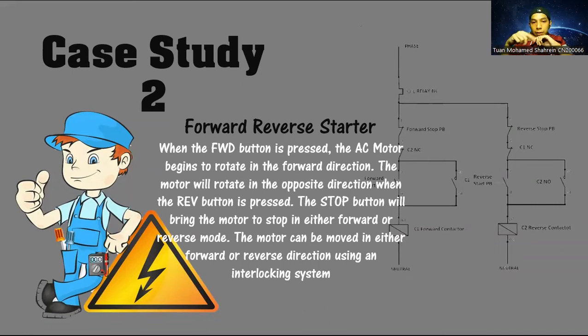The stop button will bring the motor to a stop in either forward or reverse mode. The motor can be moved in either forward or reverse direction using an interlocking system.